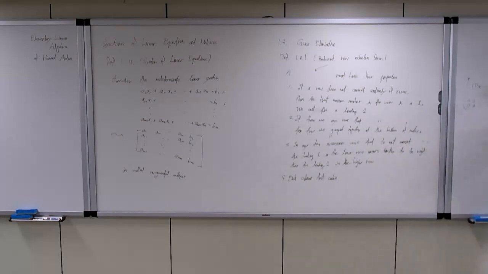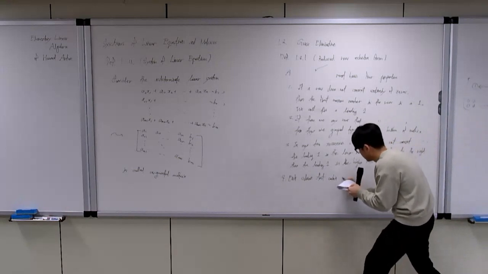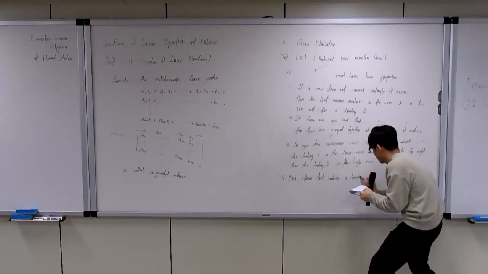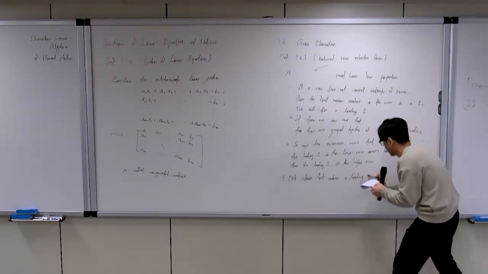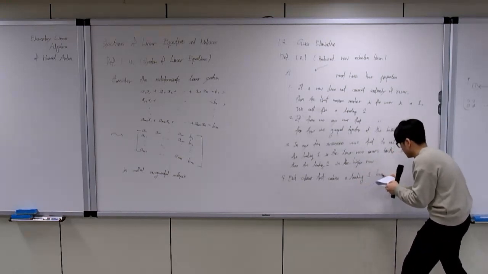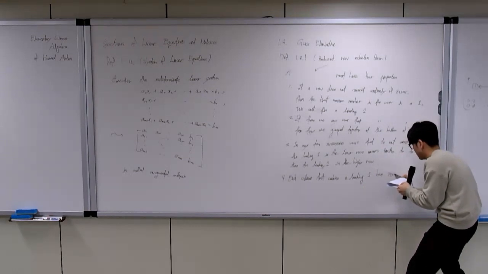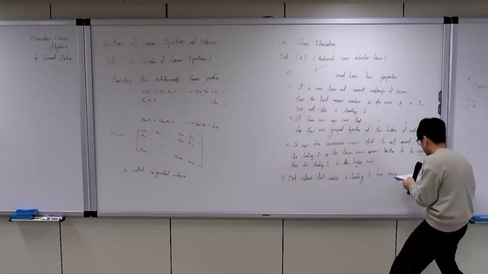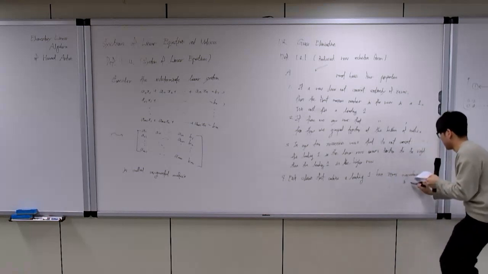And finally, if we have a leading one, then on the below side all zeros, as zeros everywhere else in the column.